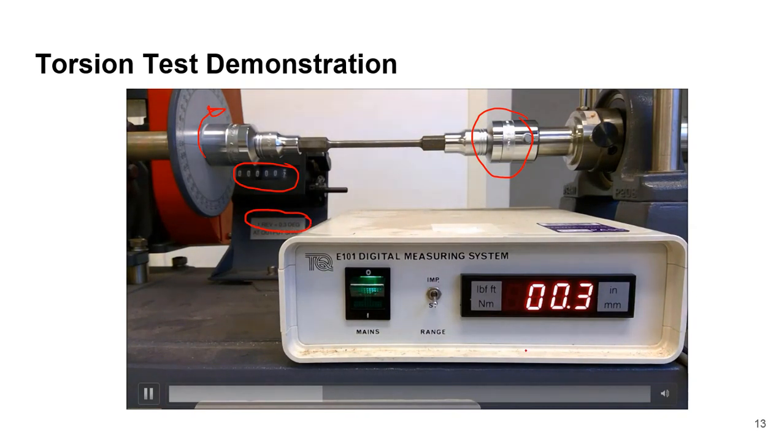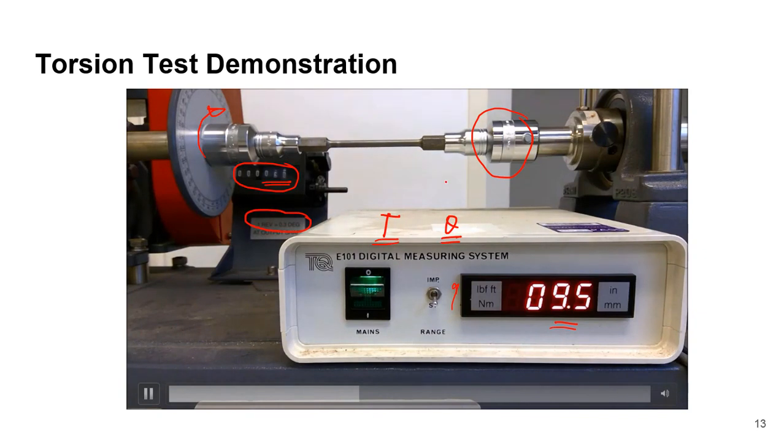You can see the amount of torque gradually increases, and that is why the angle of twist is increasing. How to calculate the angle of twist? From here we note down the revolution, and we multiply that revolution with 0.3 degree, because the scale is one revolution is 0.3 degree. In this way we will get the values of T and the angle of twist.